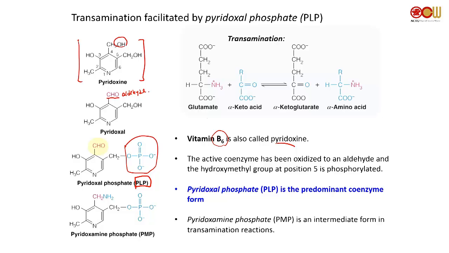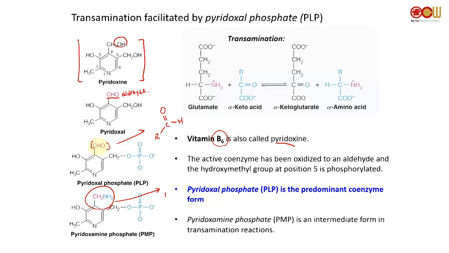We don't use pyridoxine. Another form you might have is pyridoxamine phosphate, where you take the aldehyde and do a transamination. If I expand this out, this is an aldehyde, R, C double bond O, H. And what about this guy?